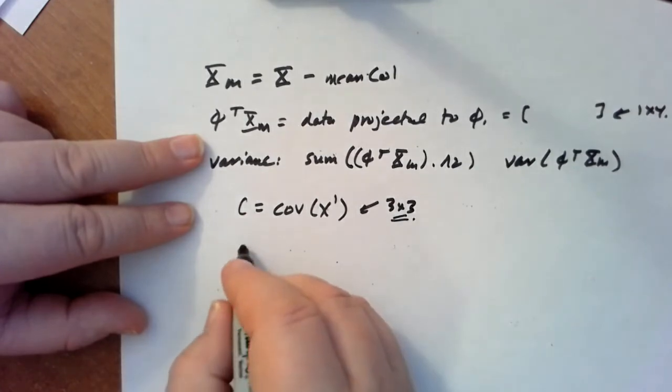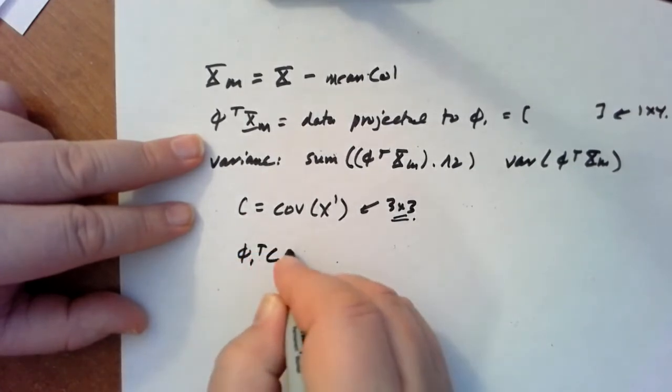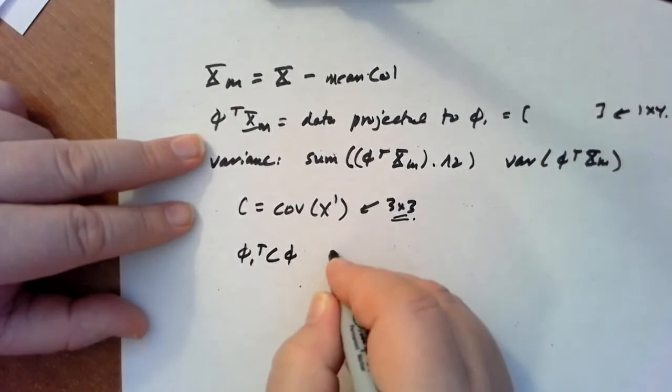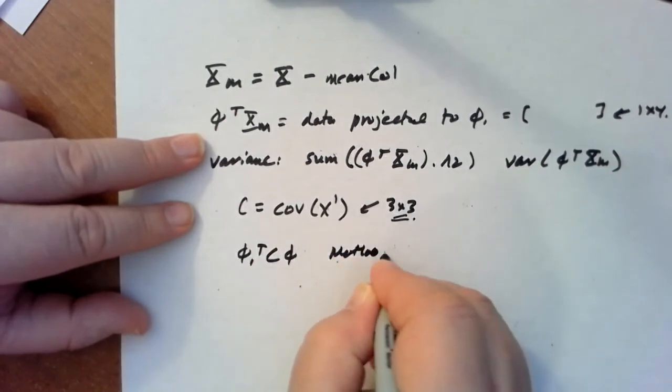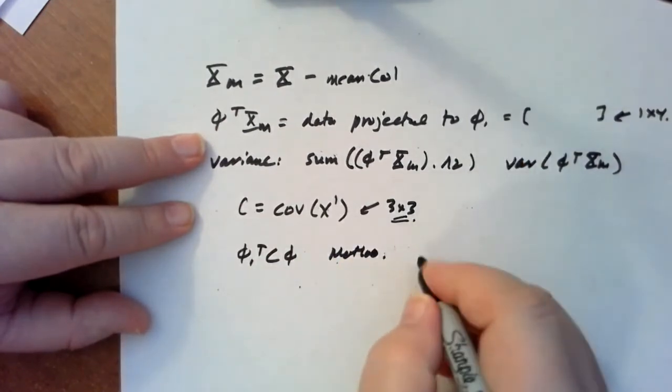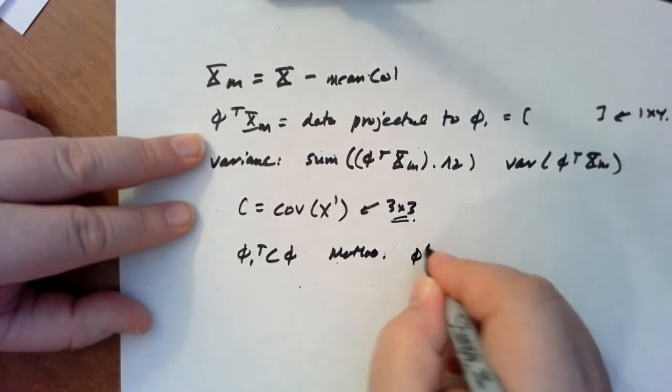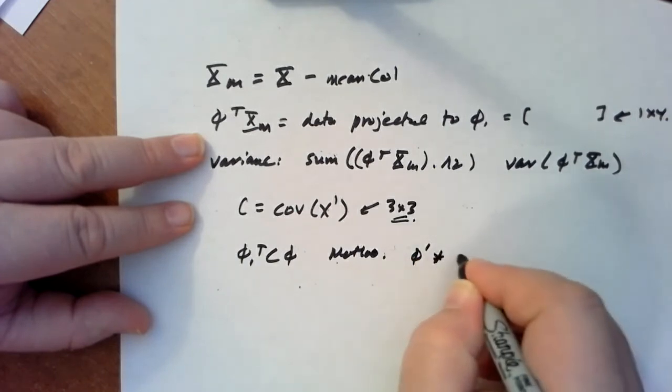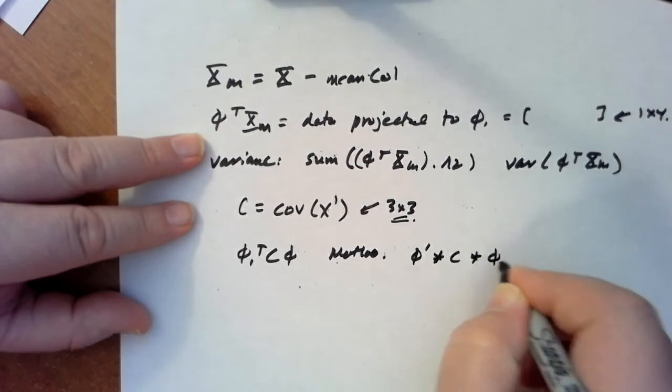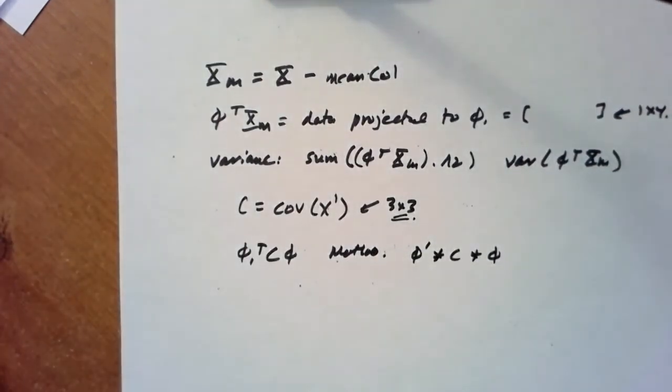And then just compute phi1 transpose times C times phi. In MATLAB, that would be phi transpose times C times phi. Good. All right, and so those two things should be the same.